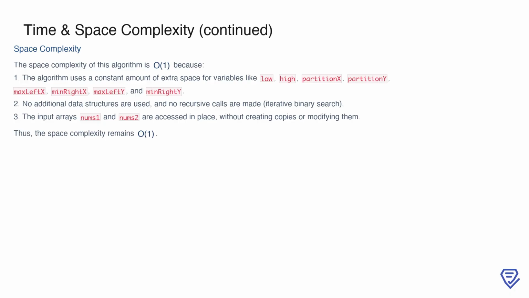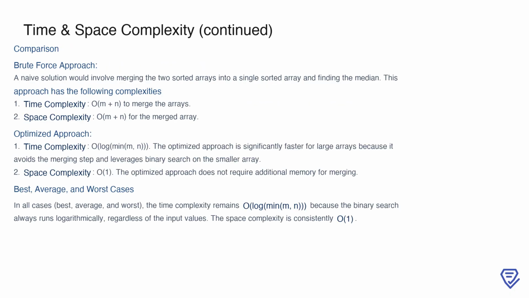The space complexity is O(1). When comparing the optimized solution to a brute force approach, the benefits of the binary search-based algorithm become even more apparent. In the brute force method, the two arrays are merged into a single sorted array, which requires O(m + n) time for the merging process and O(m + n) space to store the merged array.